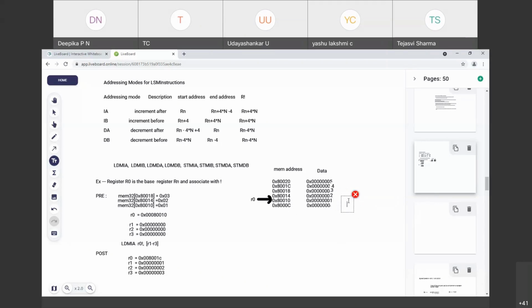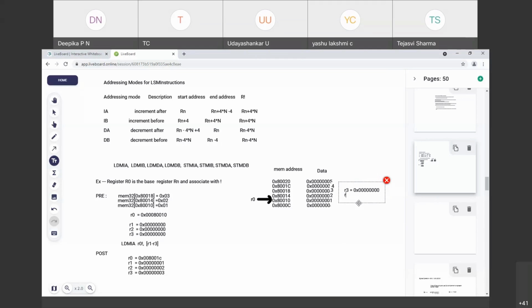So the idea here is that with R0 the associated registers are like this. They are written outside. Starting from R3, earlier, what was the value? R3 is having 0x with 8 zeros.